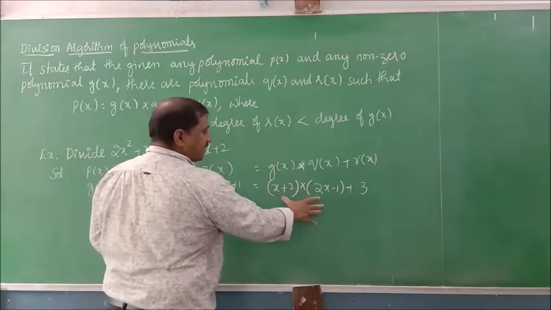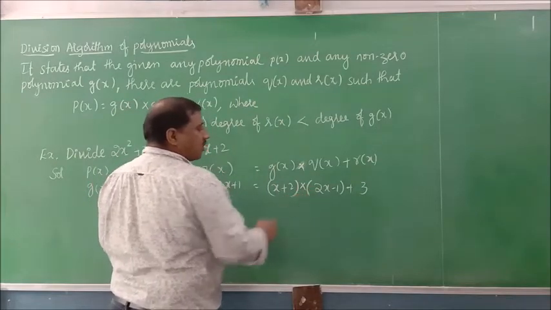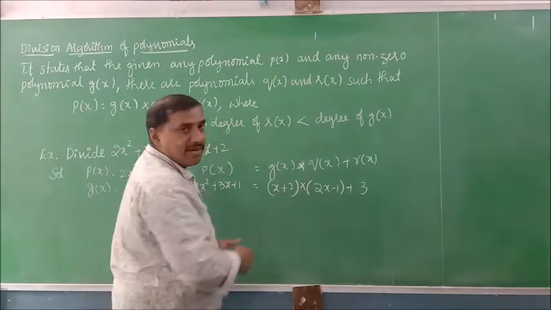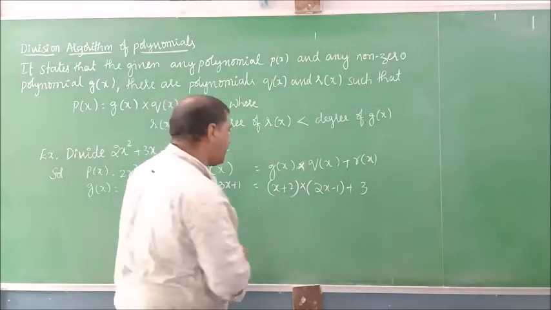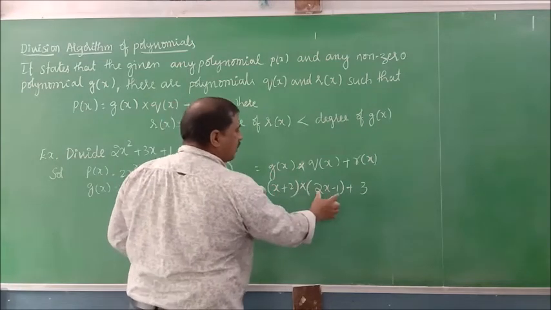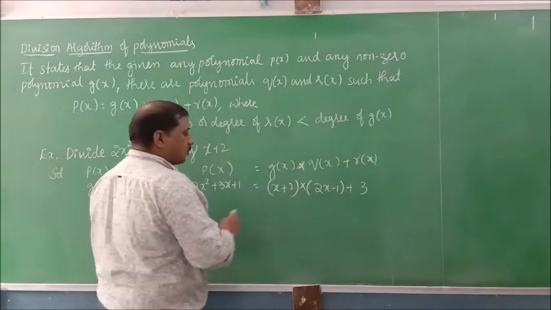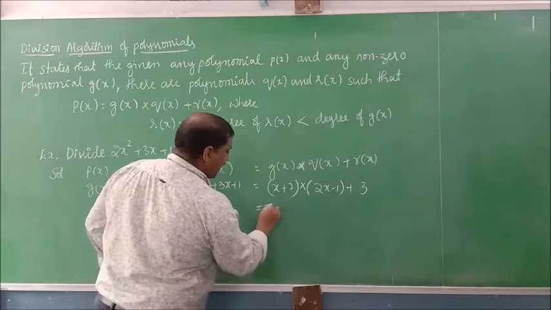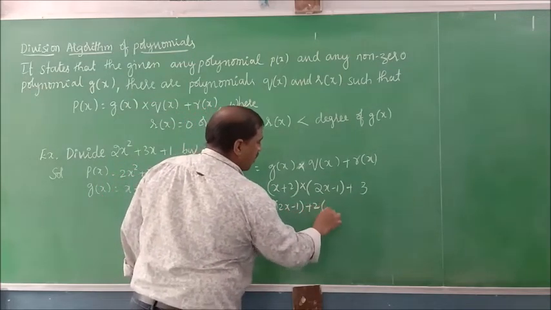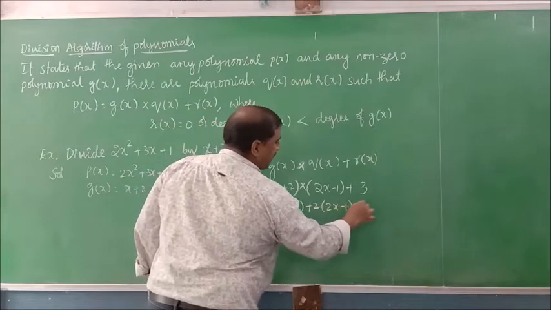Now what to do? Multiply these two, that is x plus 2 into 2x minus 1. How to multiply this? A binomial by a binomial, use the distributive property. Multiply the whole 2x minus 1 with x, and then the whole 2x minus 1 with the 2. Therefore it is x into 2x minus 1 plus 2 into 2x minus 1 plus 3.